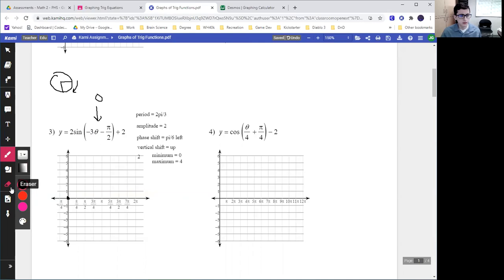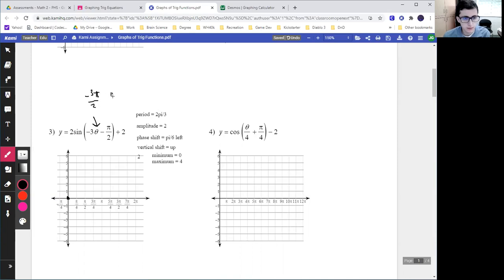Now let's put in pi over 2 and see what happens. So we're going to put in pi over 2 in here. This is going to give us -3 pi over 2 minus pi over 2.